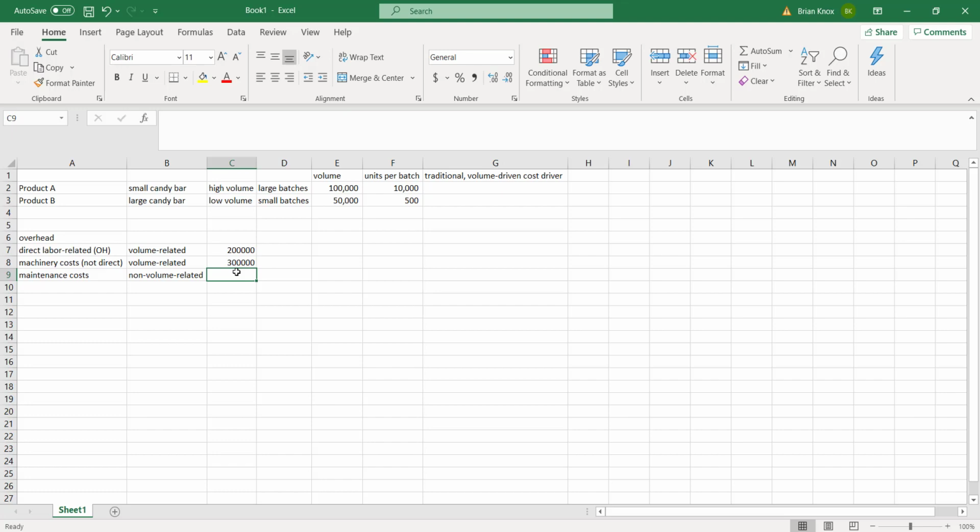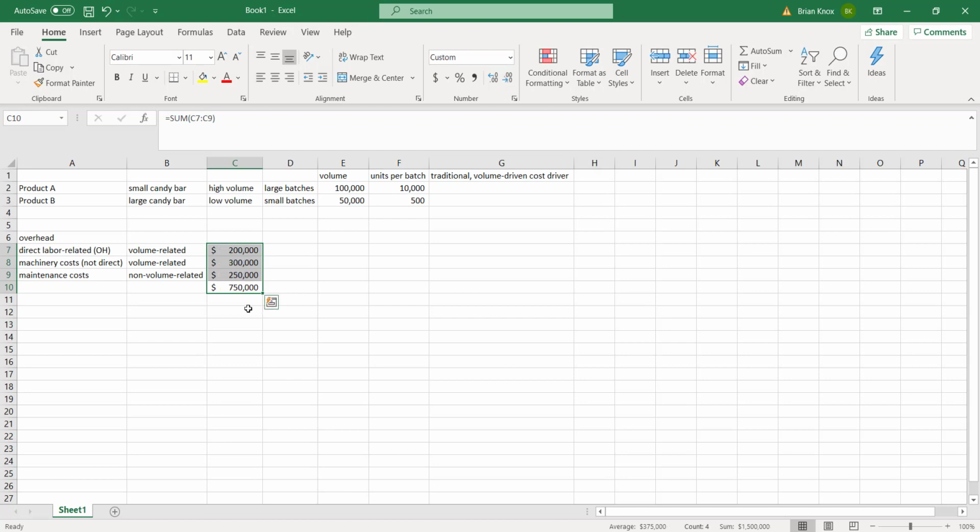We have to clean the machinery. That's some of the maintenance costs, and we have to employ people who are going to do the changeover between batches. And let's just make it a respectable amount compared to our other overhead costs. Let's go ahead and sum these, and we have a total of $750,000 of overhead then.